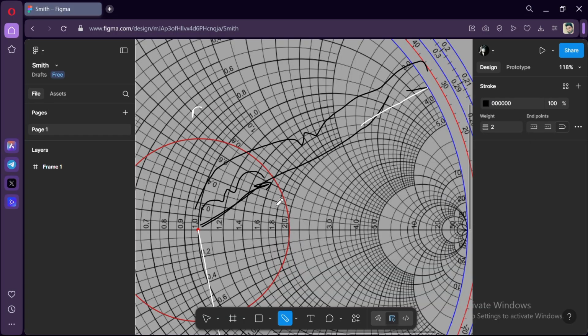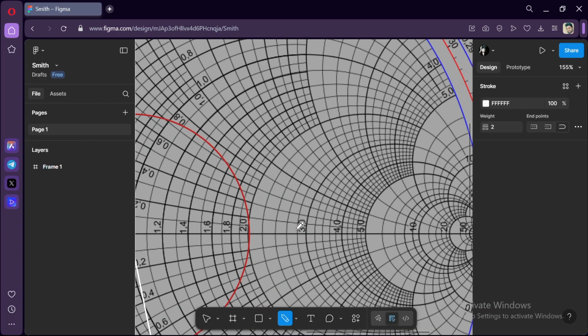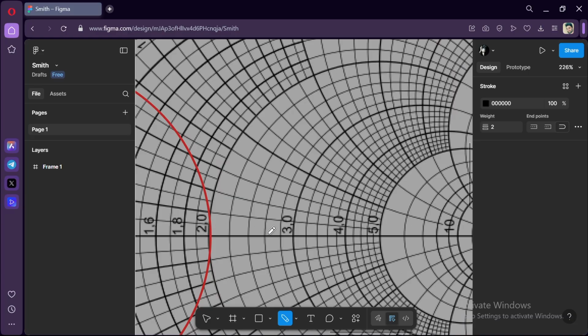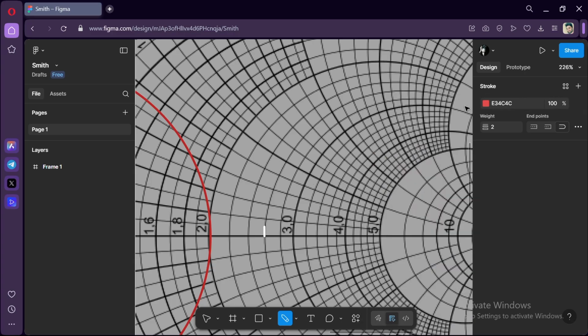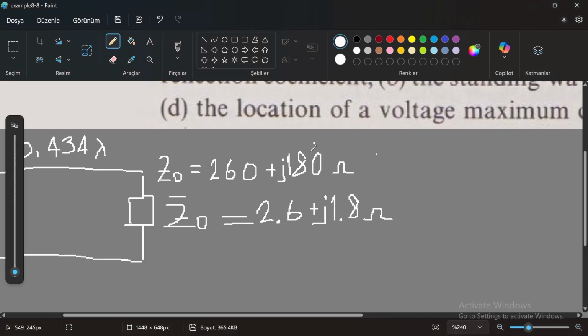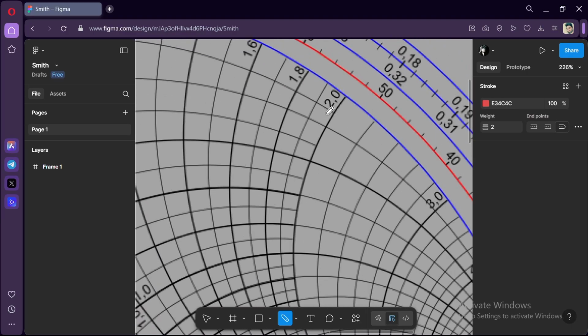The real value is 2.6. Here is the real value, this one, and plus j1.8 imaginary value, 1.8, this one.